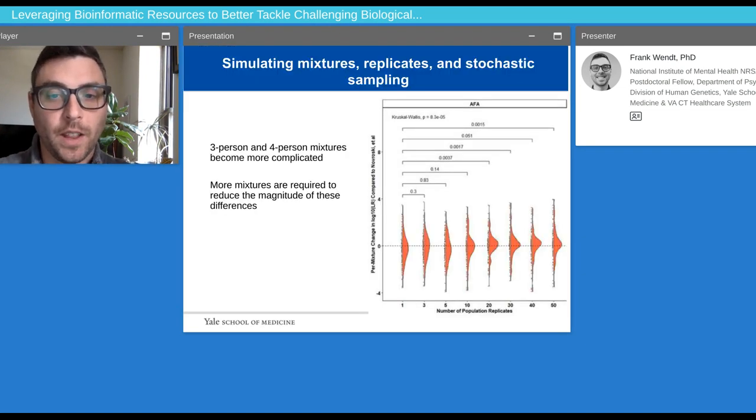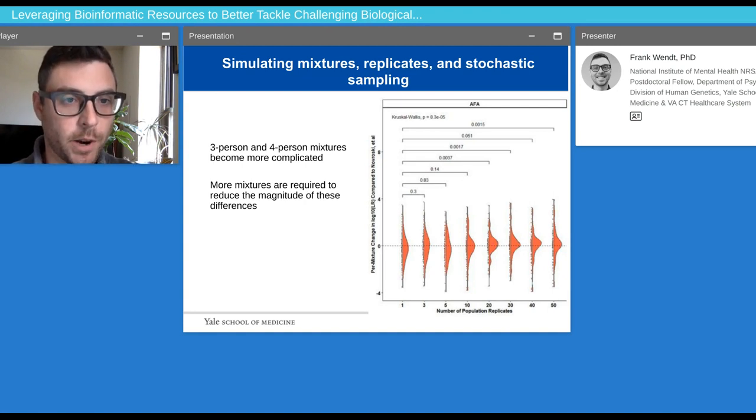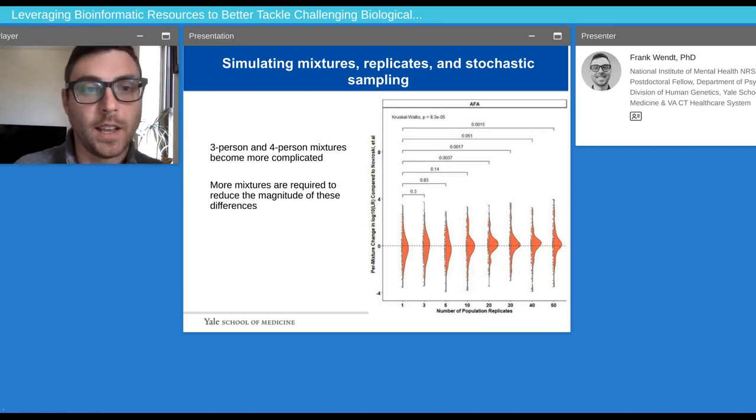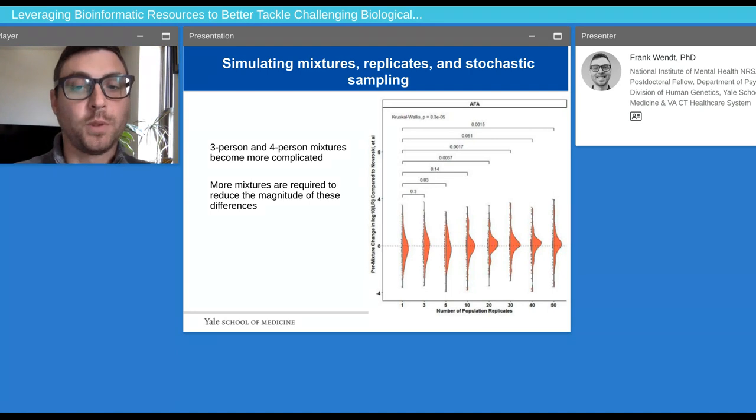When we look at, I believe, the three-person mixtures, we see a very different story. We are still identifying 10 replicates as being a really good spot for us to target in terms of how many times we should ascertain this data. However, what we're not seeing is that narrowing of the distribution.